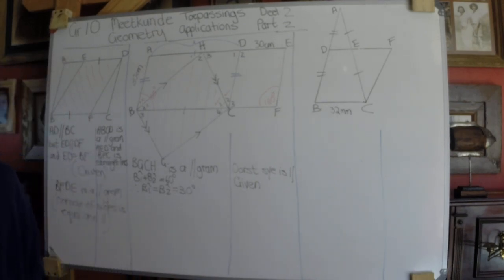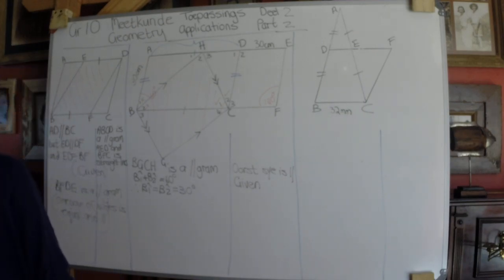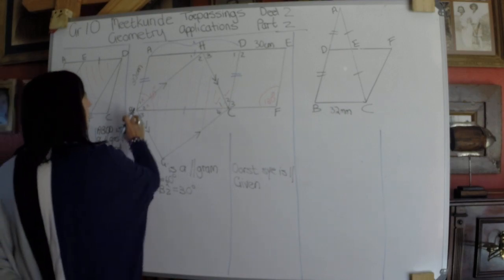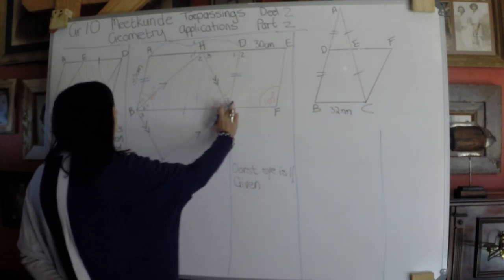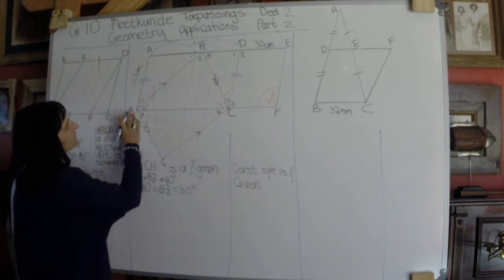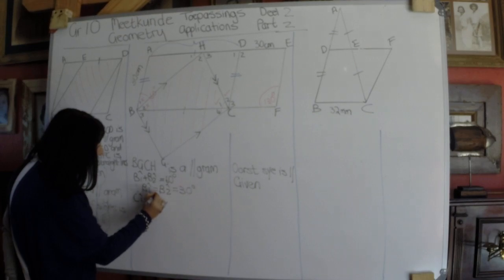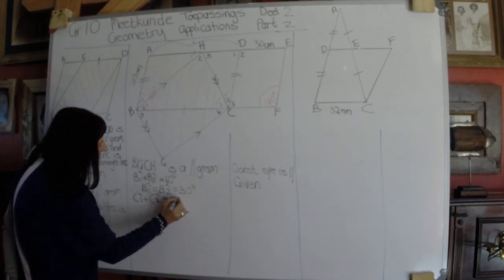Now, we also know that C1 plus C2, BCD, equals 120 degrees.